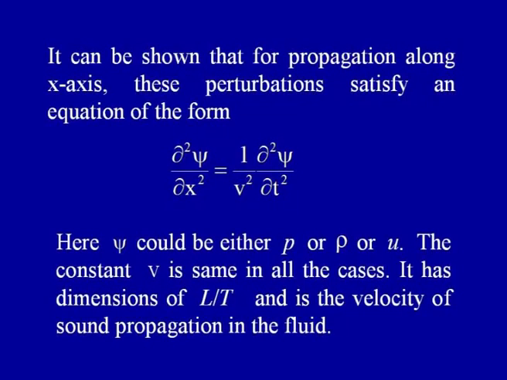These two conservation equations, along with the equation of state for the fluid, form the basis. These equations are then solved for small perturbations. First order terms are retained, we ignore the second order terms and consider the process as adiabatic as pointed out earlier, and that leads to the equation which is given here.